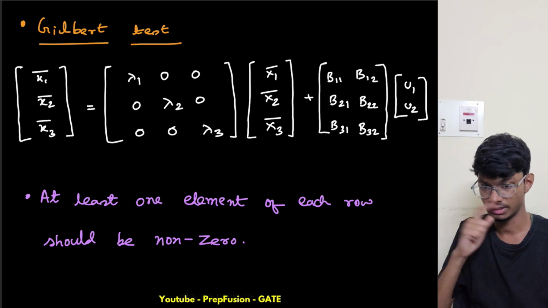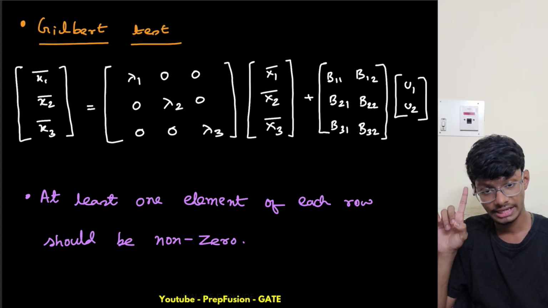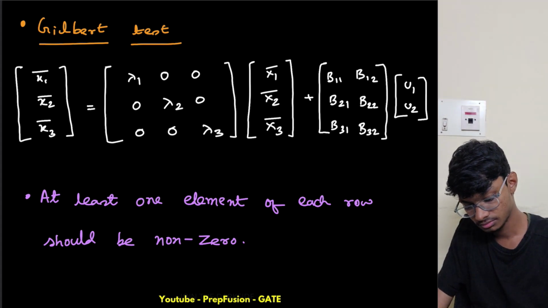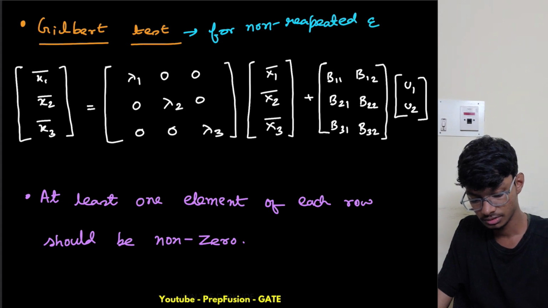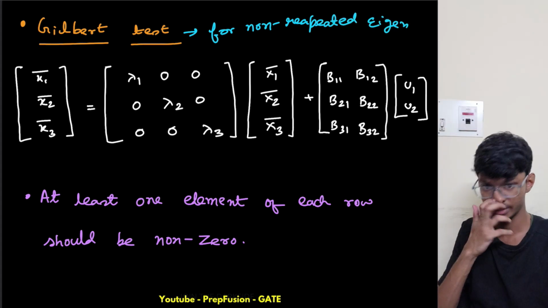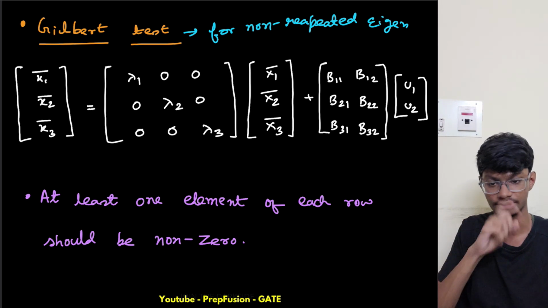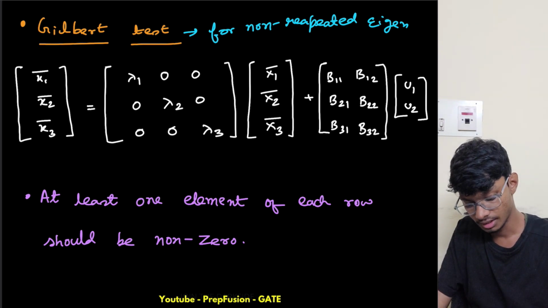That is the main point of what Gilbert's test tells. But the caveat here is that this is for non-repeated eigenvalues. You might ask what happens for repeated ones. We'll see there are a few exceptions, for non-repeated eigenvalues.